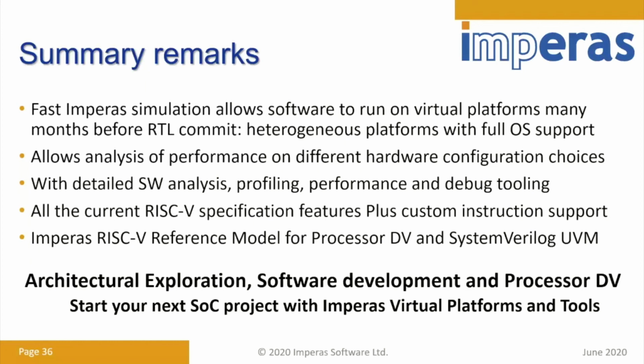We have great detail in there for the performance, profiling and debug. And as far as RISC-V is concerned, we have a base model that covers everything within the specification of the non-privileged and the privileged ISA, which means you've got a starting block for all the capabilities that are there.